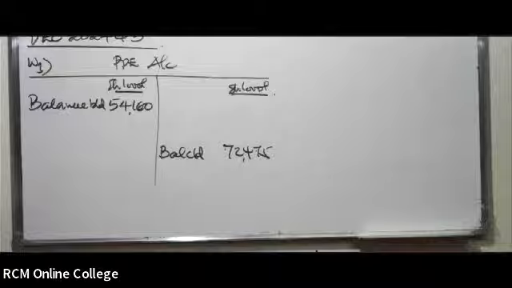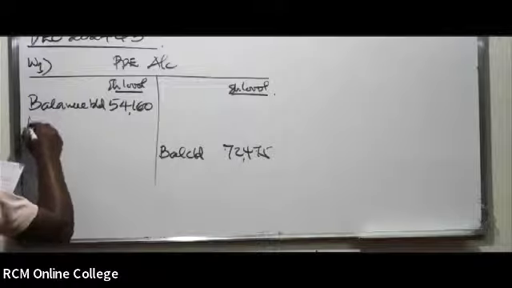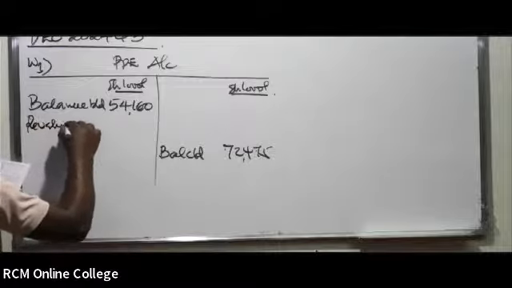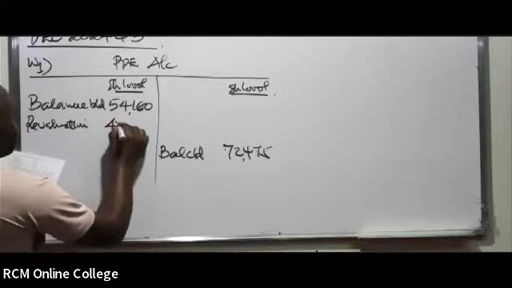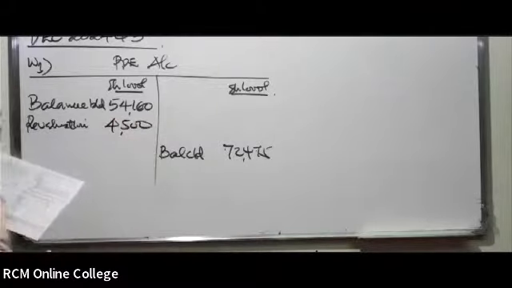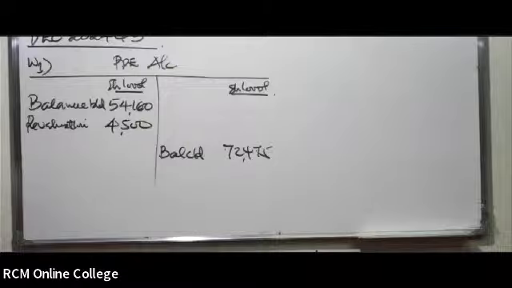The company does not make an inter-reserve transfer for excess declared upon revaluation. So we will likely end up having to debit. There was a revaluation here, so we write revaluation because it was increasing the value of the asset. We debit here 4.5 million.